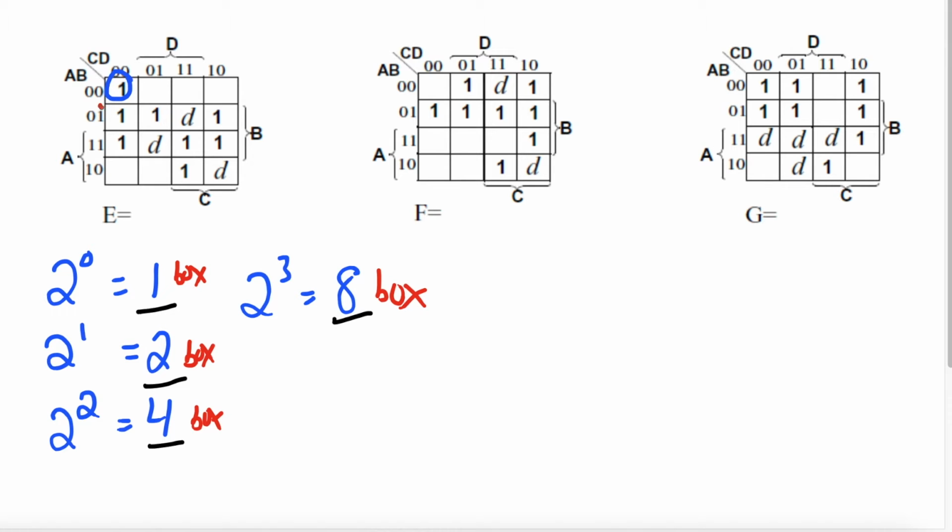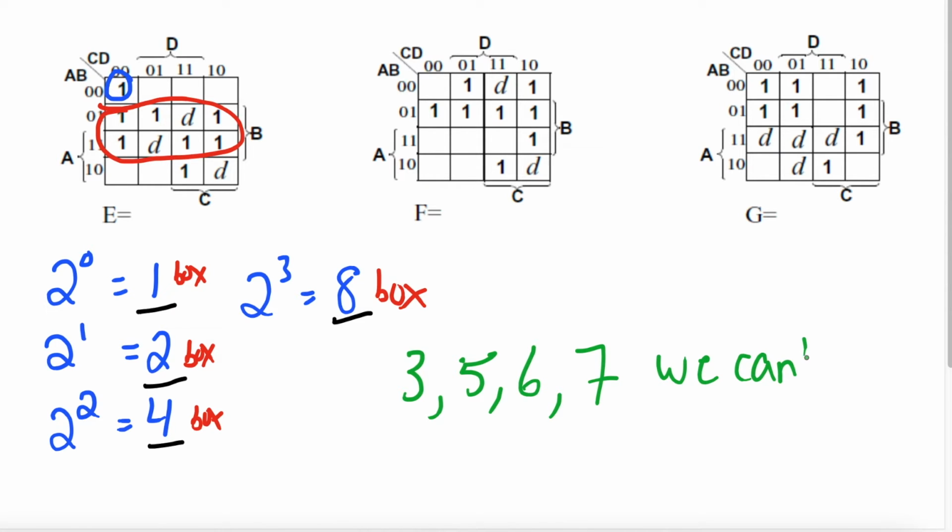For example, 8 boxes right here means we are circling 8 boxes. We cannot circle 3 boxes, 5 boxes, 6 boxes, or 7 boxes. We can't circle that many boxes. It has to be either 1, 2, 4, or 8. So that's the first step.